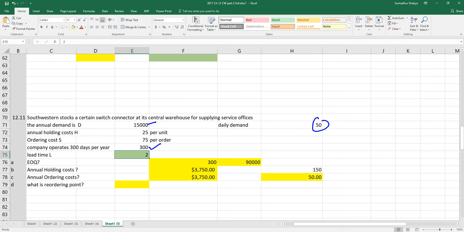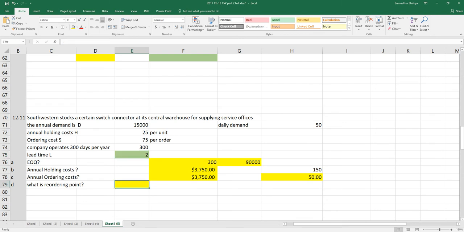Now, 50 units are sold or depleted in one day. So if it takes 2 days for the order to arrive, we should have at least 50 times 2, which is 100 units on hand when we place the order. Because when you place the order, the first 50 will be good for day 1, the next 50 for day 2, and on day 3 the order of 300 that you placed will show up in the inventory.